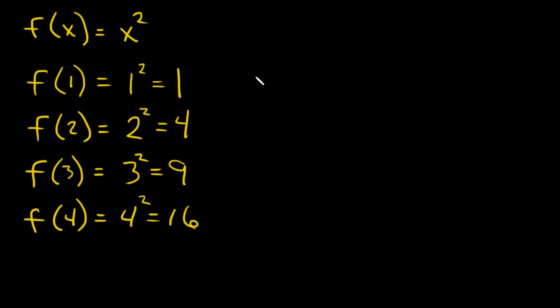Now what happens if I do f of negative 1? What would I get? Well, I'm substituting the negative 1 in for the x, and I'm squaring the whole thing. So I need to put that negative 1 in parentheses before I square it, because it is squaring the negative as well as the 1. So negative 1 squared is negative 1 times negative 1, which is positive 1.